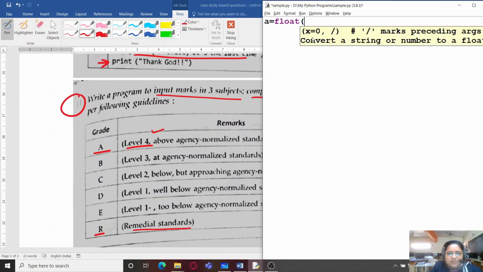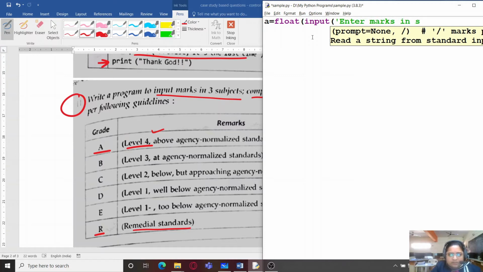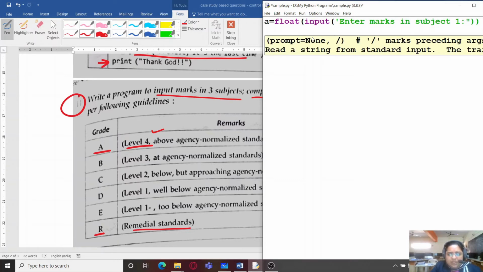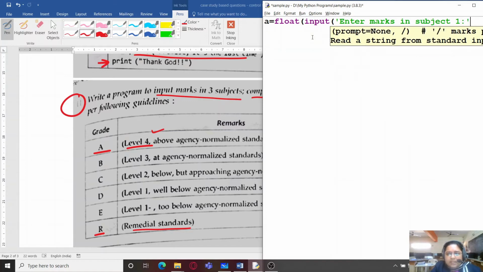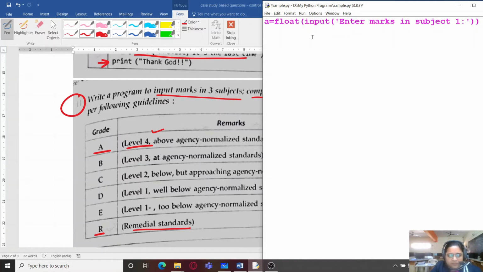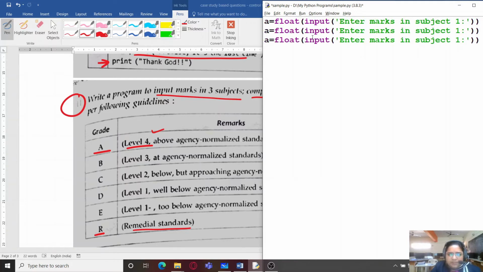And because sometimes the marks are also obtained in decimals, so I have provided float, enter marks in subject 1. Now I am just taking subject 1, subject 2 and subject 3. You can also actually take the names of certain subjects over here. Just going to copy this and paste it multiple times and just make the changes.